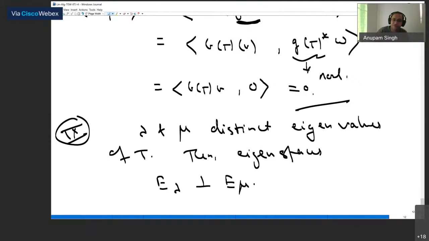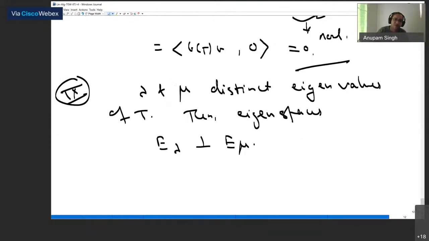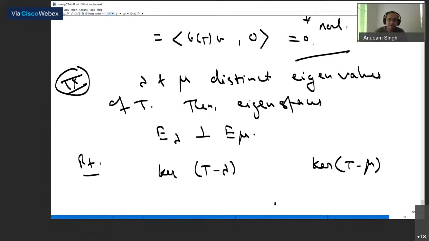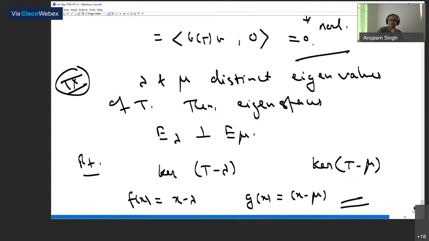This follows simply from the previous one, because to get the eigenspace E_lambda, we compute the kernel of T minus lambda, and to get E_mu, we compute the kernel of T minus mu. But we can apply the previous step for the polynomial f(x) to be just x minus lambda, and the polynomial g(x) to be x minus mu. Since lambda is not equal to mu, these two polynomials are coprime, and hence the vector killed by T minus lambda and the vector killed by T minus mu are going to be perpendicular. So this proves it.